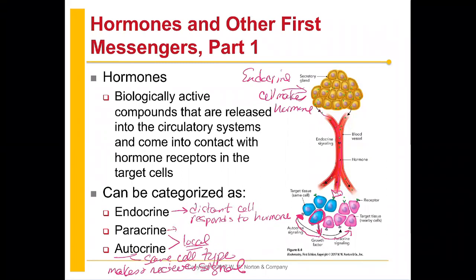So local, but here's a different cell type receives signal or receives hormone, right? So you have to understand the difference between endocrine, paracrine, and autocrine. Autocrine's easy. Auto is self, right? So one cell makes it, same cell responds to it. Para, it's close, but endocrine, it goes all over.